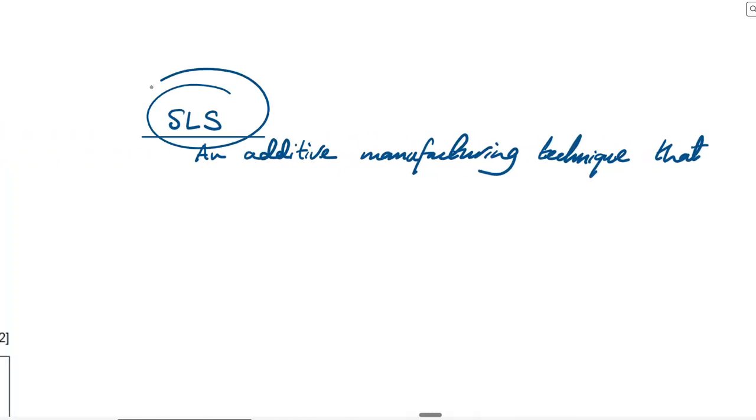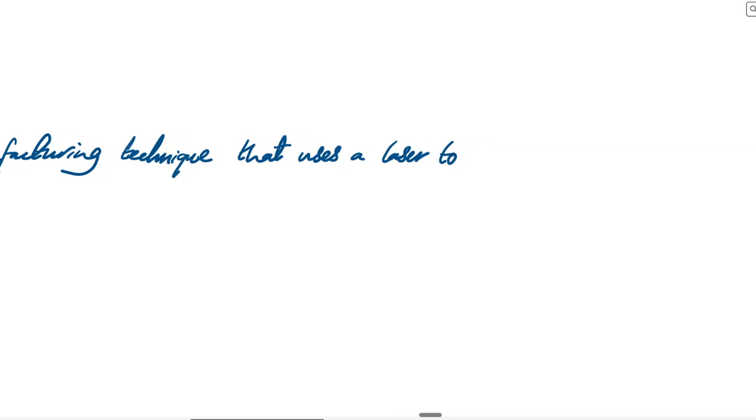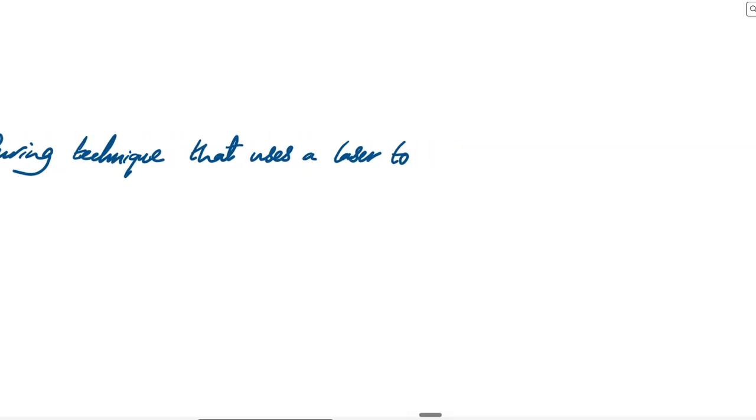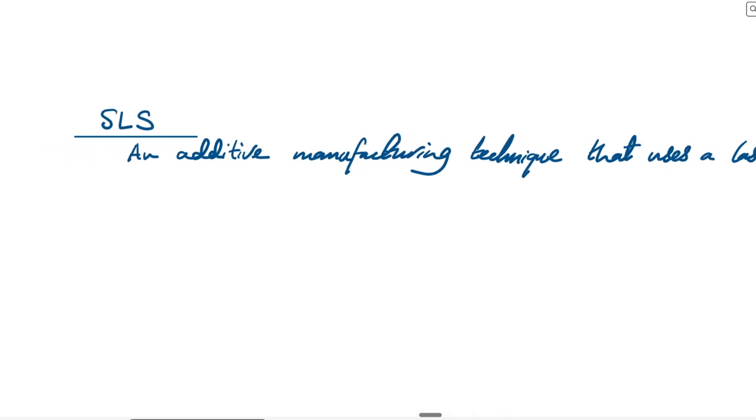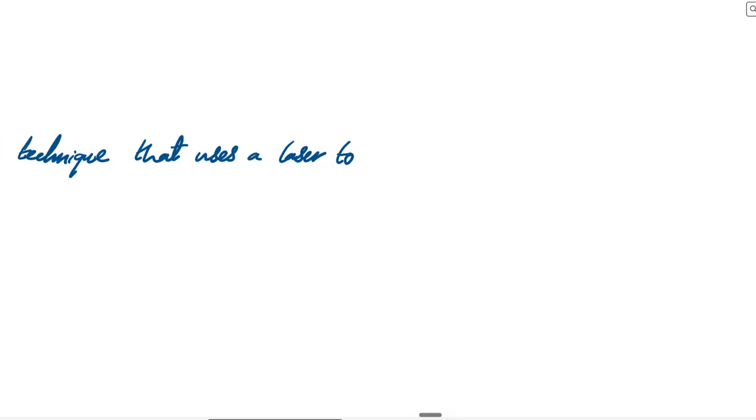And always remember the long form, so selective laser sintering. So that uses a laser to sinter or fuse. Sinter means burn and fuse them together, right? When you provide energy, particles can fuse. So that uses a laser to fuse. Actually, let's bring the laser down as well. That's a key point.